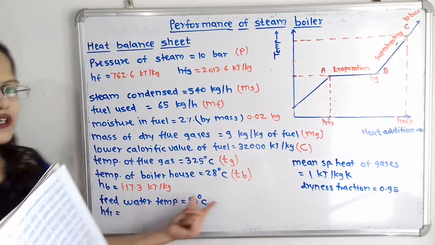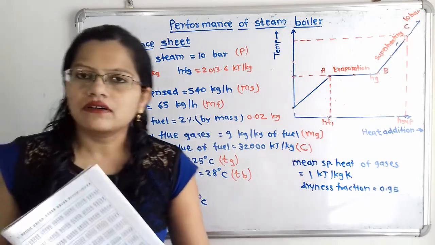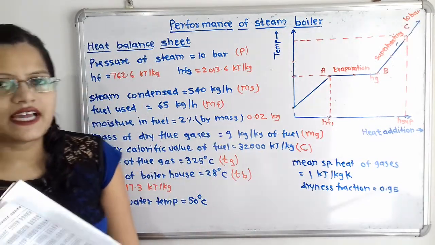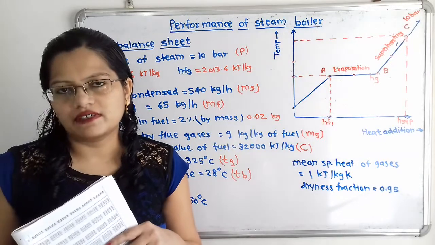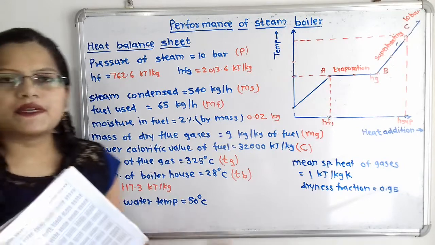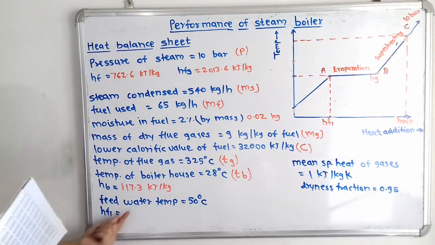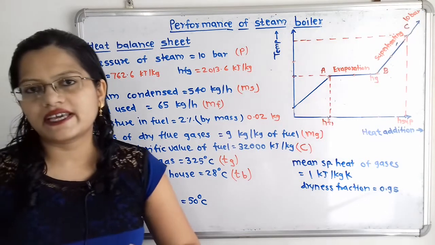Then feed water temperature. Whenever the water enters the boiler, it is at the saturated water level, and the temperature is given as 50 degrees Celsius. So at this 50 degrees Celsius, from the steam table we will find the enthalpy.